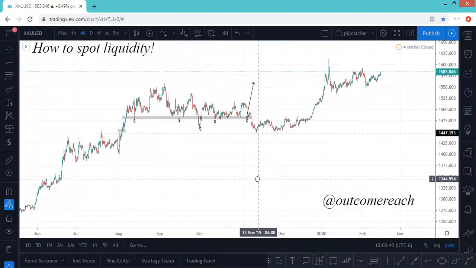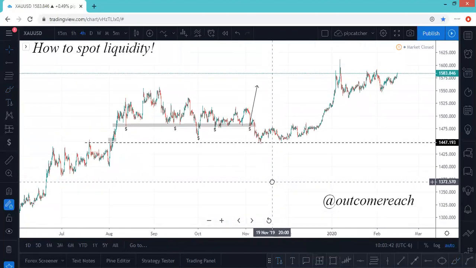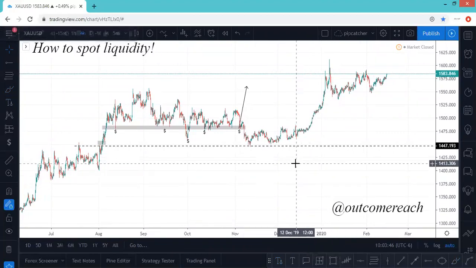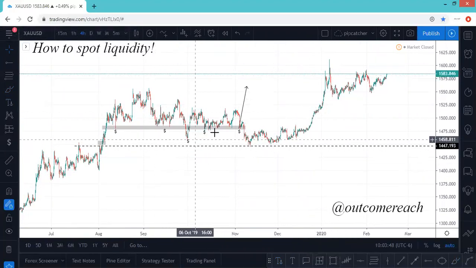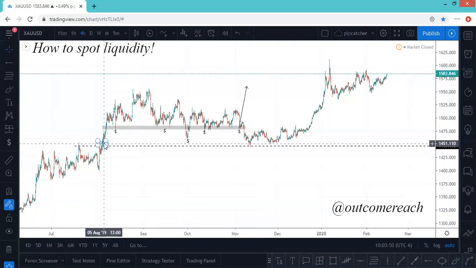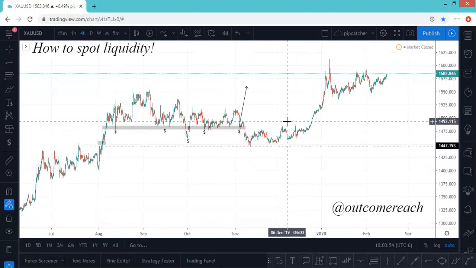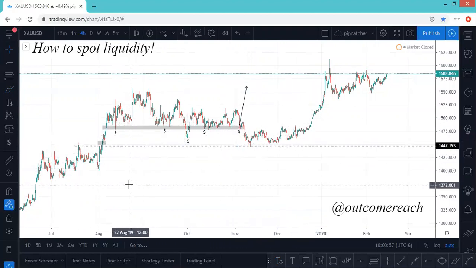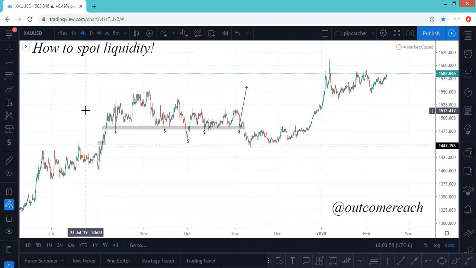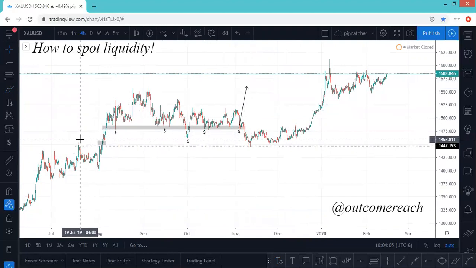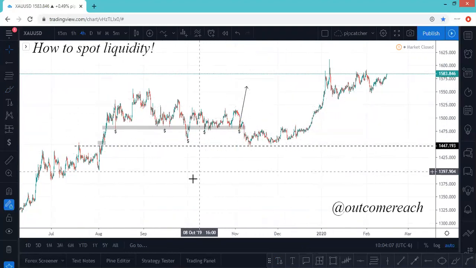If that makes sense. But it's not a hard concept to follow. It just takes practice, right? It just takes practice training your eyes, and then learning how to execute off of these plays.